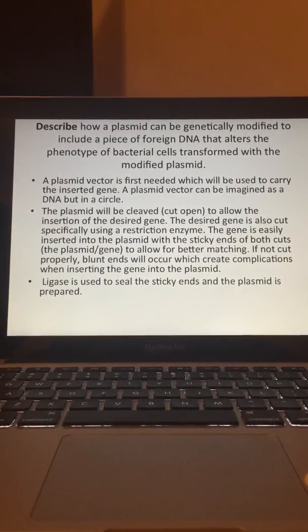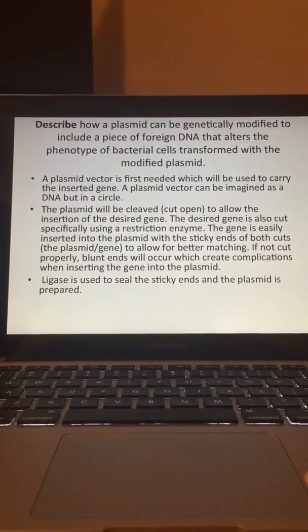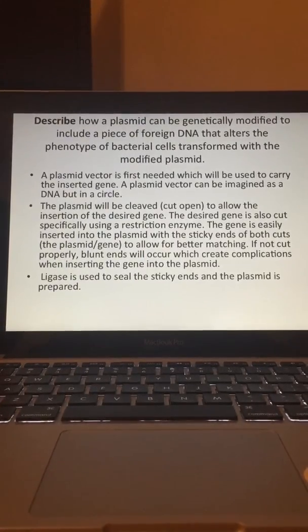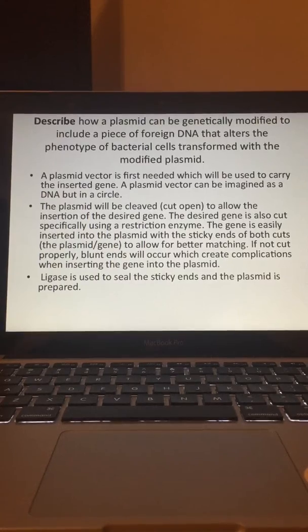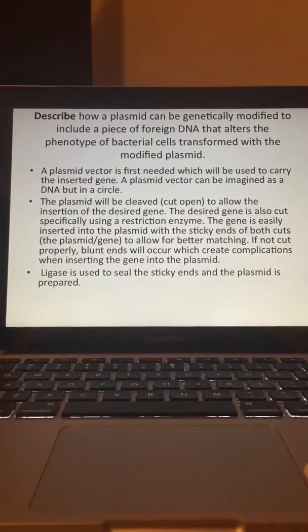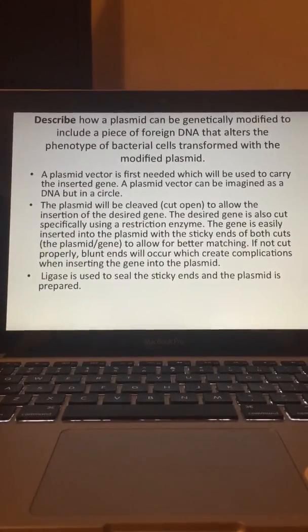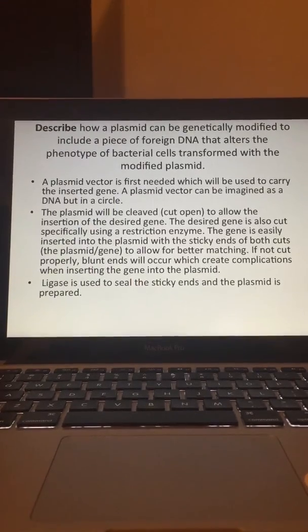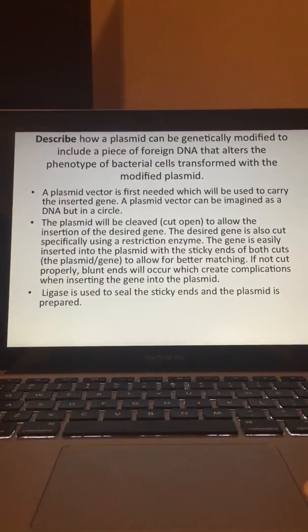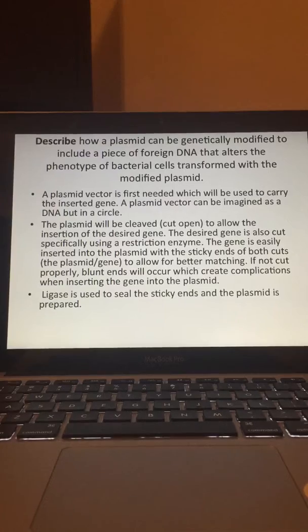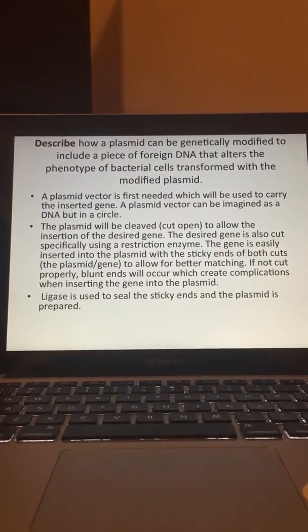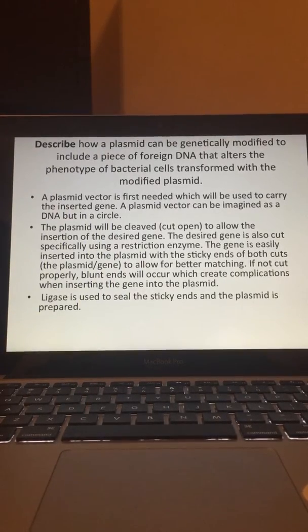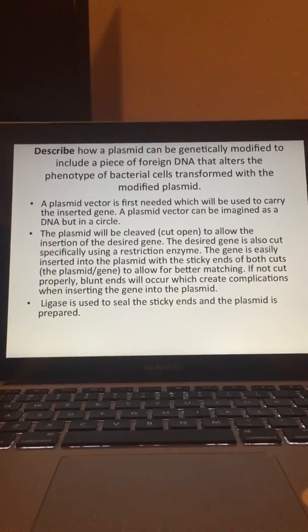And a plasmid vector is basically a circle of DNA. I have a picture that will show that later. So the plasmid is going to be cut open, or the scientific term, I guess, is cleaved. But it's going to be cut open at a certain location to allow for the desired gene to be put in.